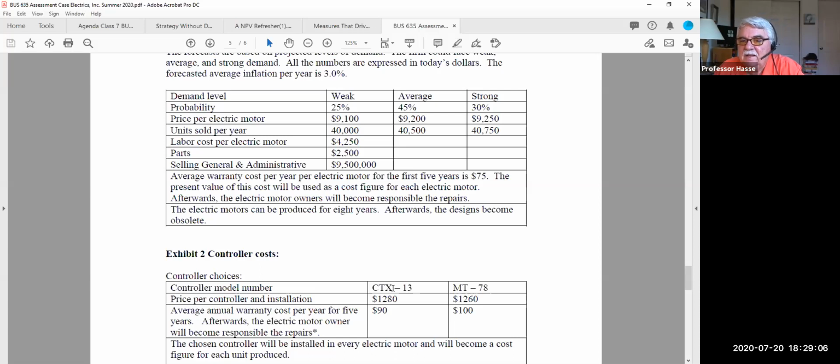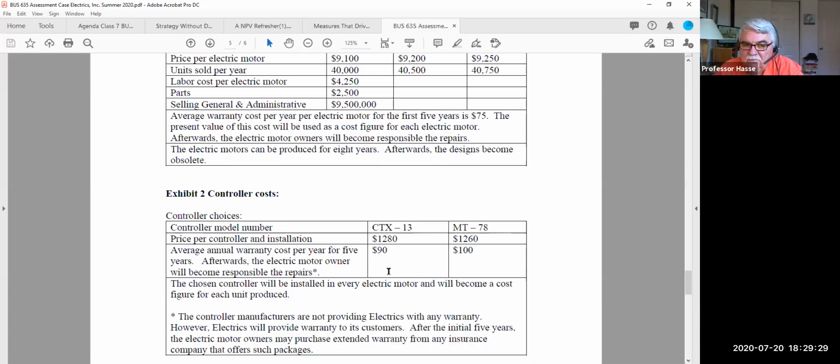And here is the hint in the case that it gives you to calculate this. The average warranty cost per electric motor for the first 5 years is $75. The present value of this cost will be used as a cost figure for each motor. For the controller, the average annual warranty cost per year for 5 years is $90 for this version, $100 for this version.